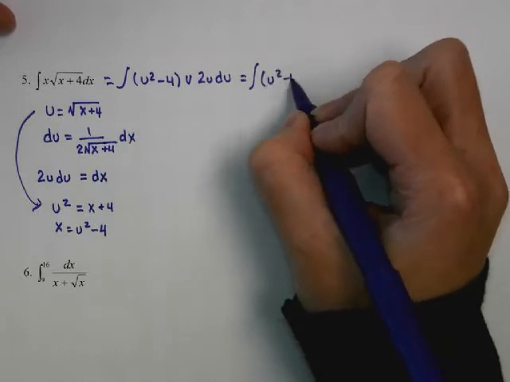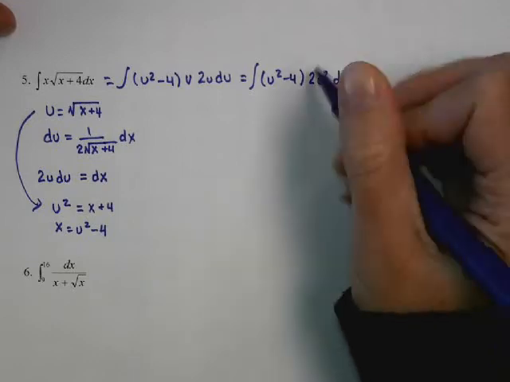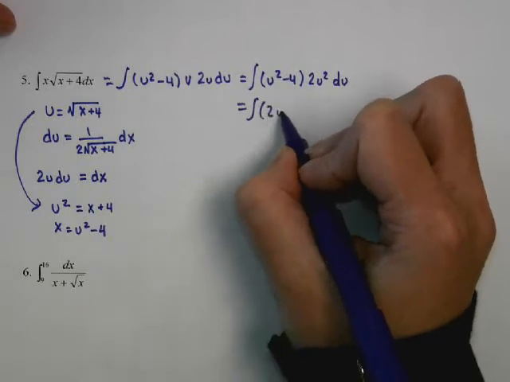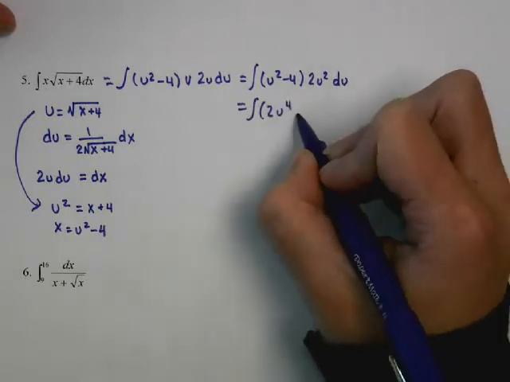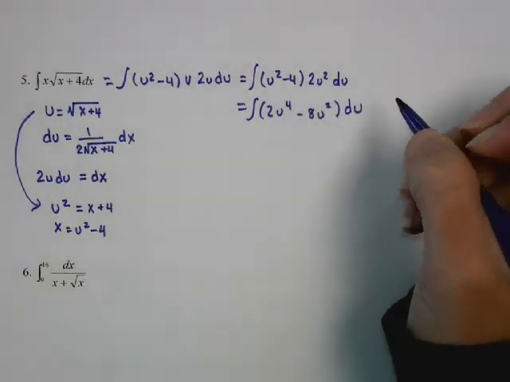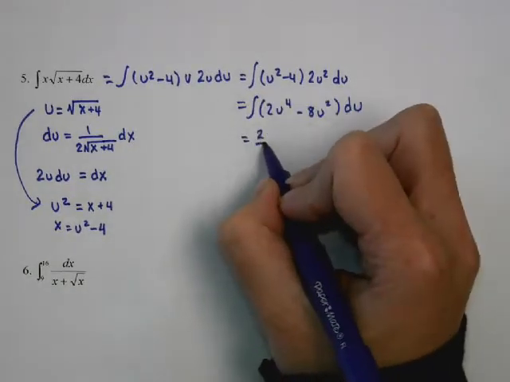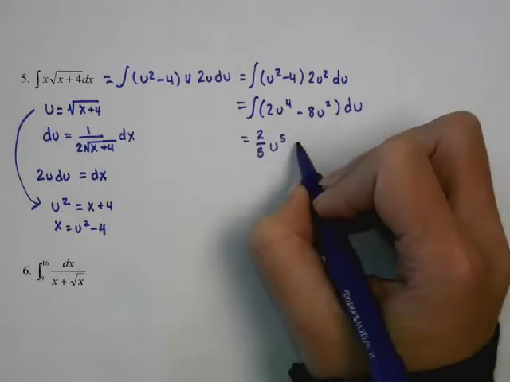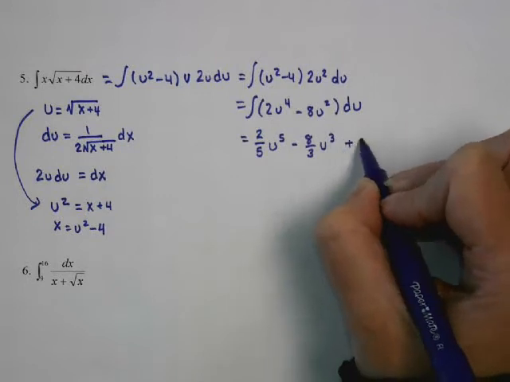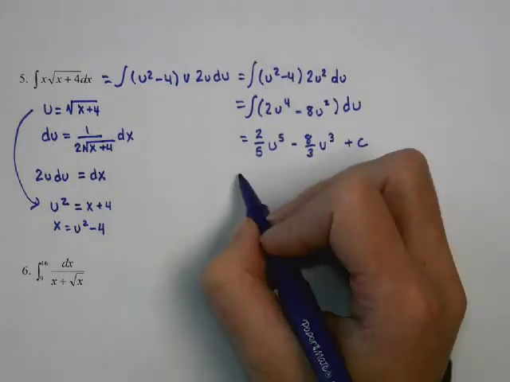So this is u squared minus 4 times 2u squared. And I can multiply that through. So this is going to be 2u to the 4th minus 8u squared. And we're going to add 1 to the exponent and divide. So we're going to have 2/5 u to the 5th minus 8/3 u cubed plus c, and then we'll replace back in our root x plus 4.